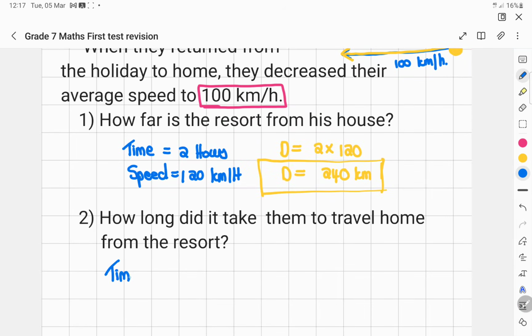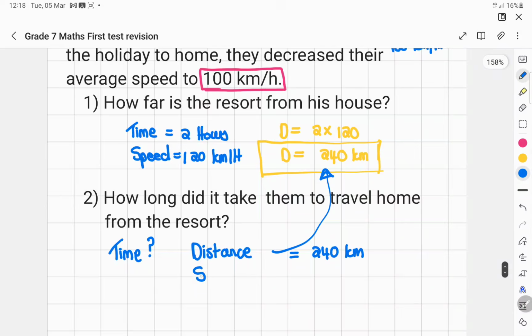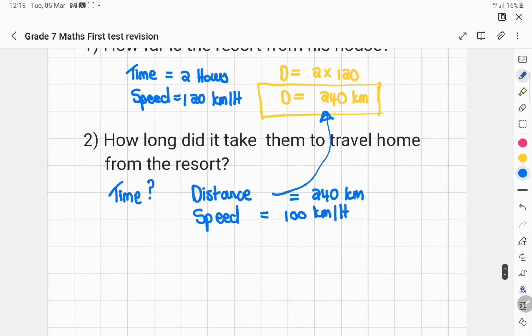So what are they looking for? They are looking for the time to travel home. So do we know the distance? Yes, because we worked it out in our previous question. The distance is 240 kilometers, and we've got the speed. So the speed is 100 kilometers per hour, because they told me that when they went back, their average speed decreased to 100 kilometers per hour.